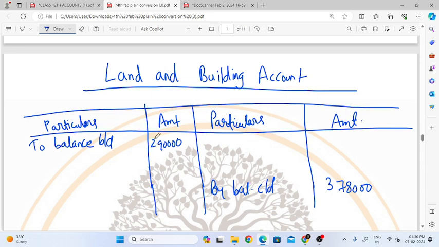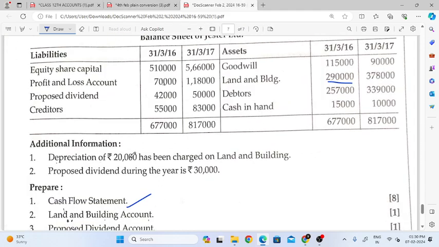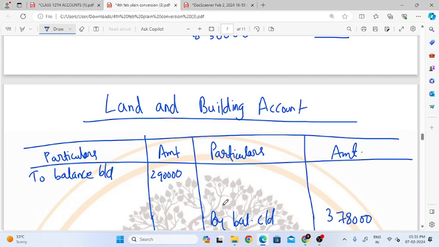Then what else they have given is depreciation of 20,000 has been charged on land and building. So by depreciation, 20,000.